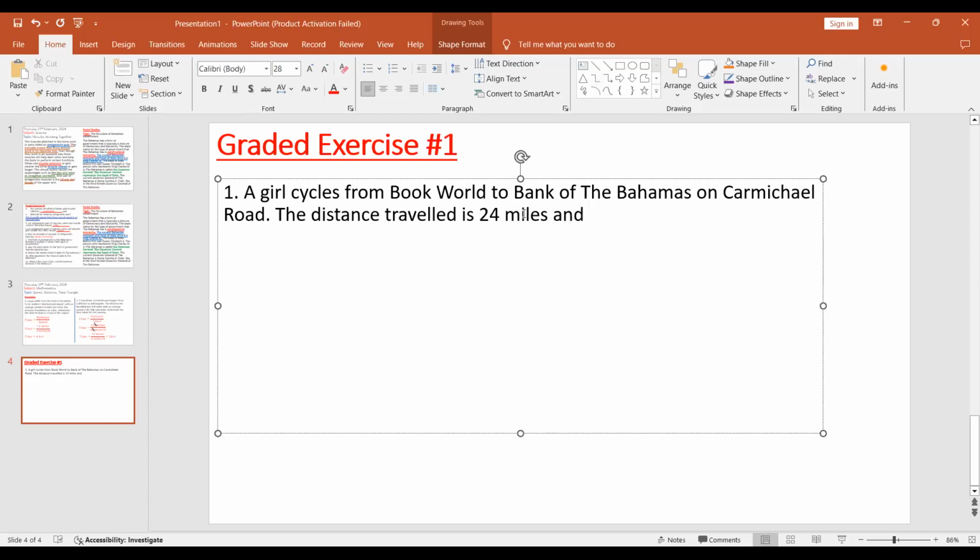And her average speed was 6 miles per hour. Determine the time she took for this journey.